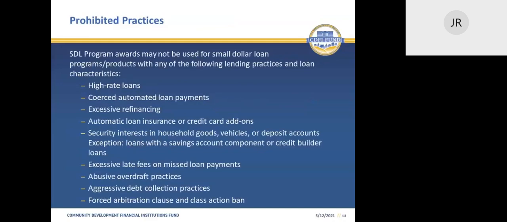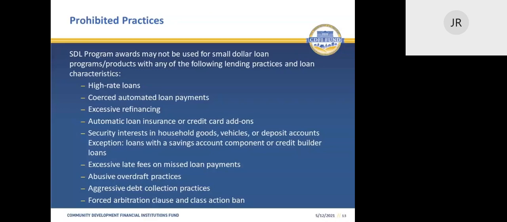The small dollar loan program may not be used for small dollar loan programs or products with any of the following lending practices and loan characteristics. And this list here is further defined in the NOFA, so I strongly encourage you to review the NOFA, where you can again see the description of these practices and characteristics that our awards will not support.